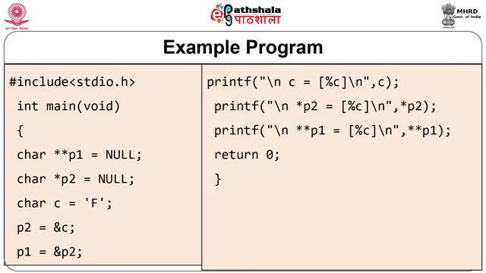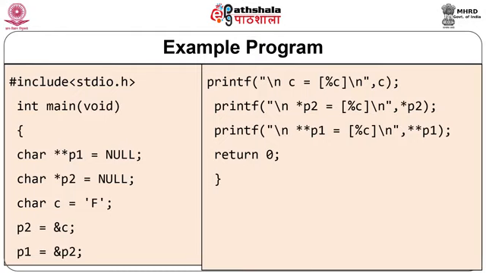So P2 is the memory address of C and P1 is the memory address of pointer P2. Now we will print out certain variables with printf: C, pointer P2, double pointer P1, then return 0.